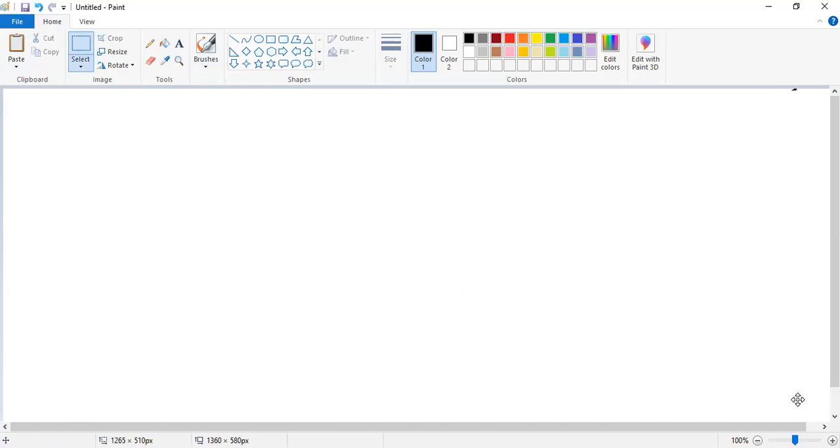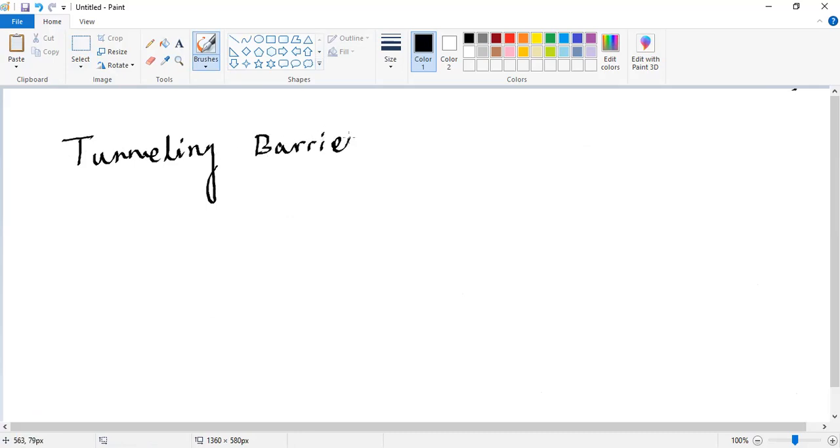We said tunneling barrier is also one kind of ohmic or non-rectifying contact, and tunneling barrier we will see. So here we will use the space charge width in a rectifying metal semiconductor contact. For that we can write the expression that we have already derived. You can refer to the previous videos where we have already discussed this.